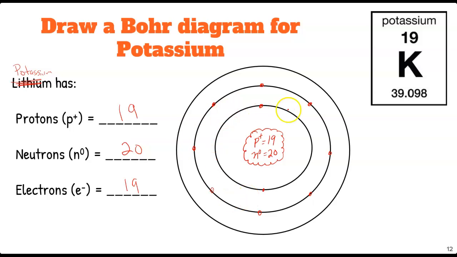And so far we have 10 electrons, right? 8 plus 2 is 10. We need 9 more. So I'm going to draw 9 electrons on the third energy level. 1, 2, 3, 4, 5, 6, 7, 8, and again add 1 in there, 9. Okay, so now this is a neutral atom of potassium.